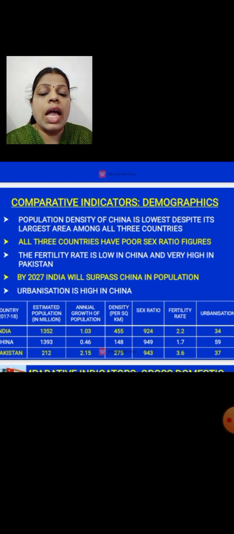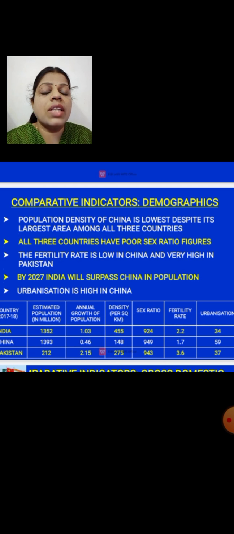That is, the annual growth rate of population is very high in Pakistan. If we compare with the other two countries, the annual growth rate of population is very high in Pakistan. Whereas the density, India is leading in density, isn't it? The density of the population is very high in India.